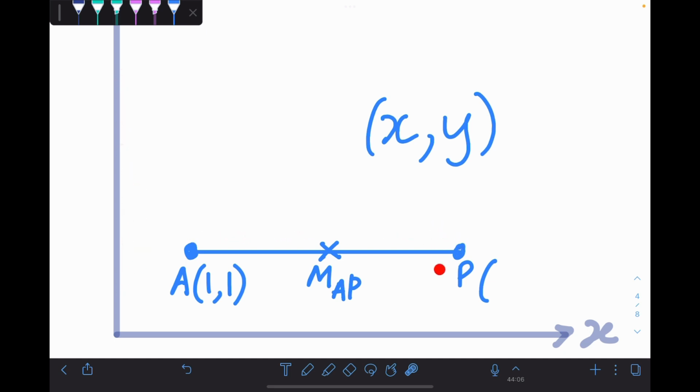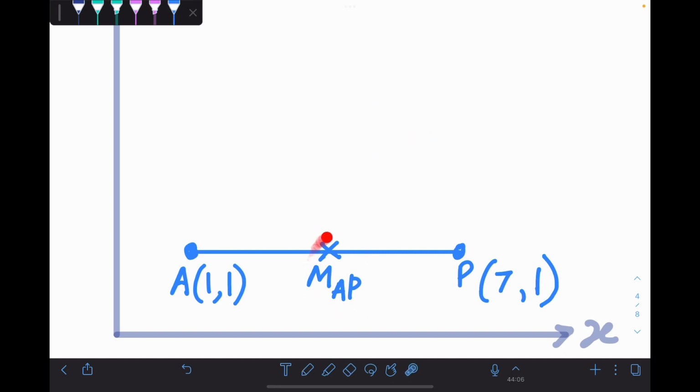It's just straight across. There is no rise, it's all run. So there'll be no change in our y value, which means it'll be the same as the first one. So my y will be 1. Let's go 1, close bracket, and I'm just going to pick a random number to go in here. Let's go 7. Cool. Now I want to find out, what is this point between? Where is it? What is its coordinate point?